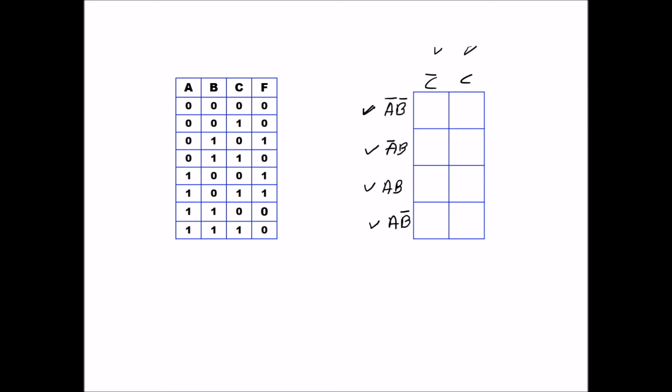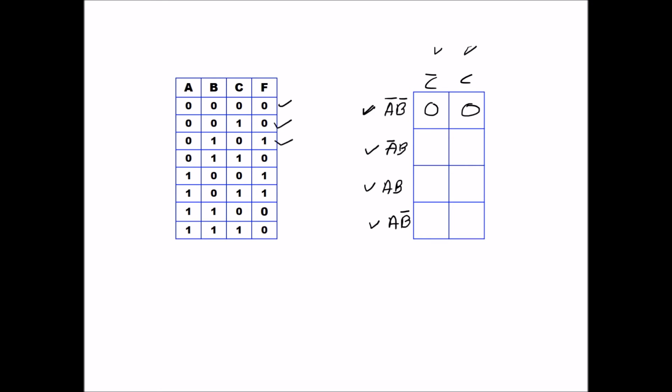This is pretty easy. The first row right here is not A, not B, not C. That refers to this cell right here, which is a 0. The next one is not A, not B, C. That's this cell, also a 0.